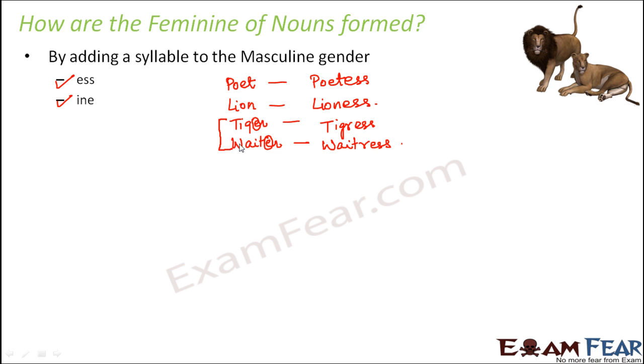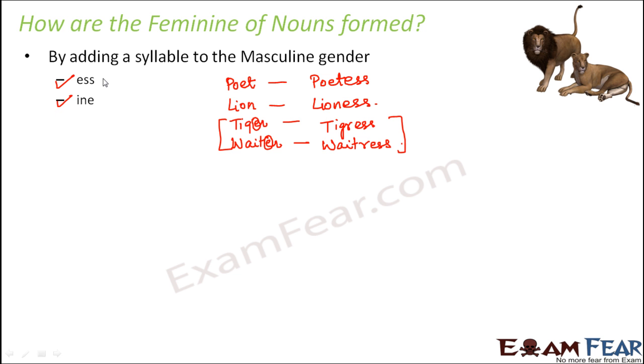One similarity between these two words is that both of them end with ER, tiger, waiter. So they change in the same way. Whenever you have words ending with ER, the E gets removed and then you add the syllable ESS at the end of the masculine word, and that's how you get the feminine gender.